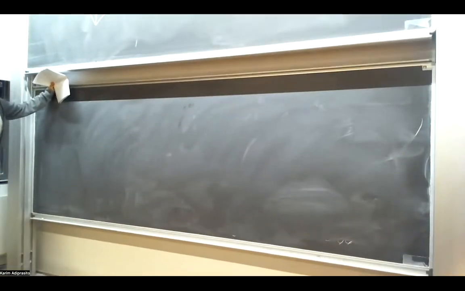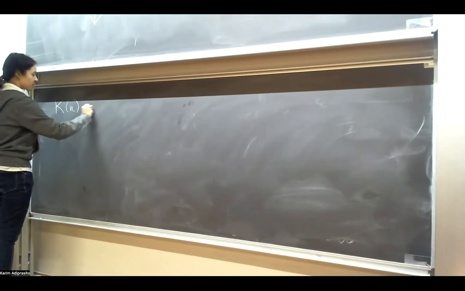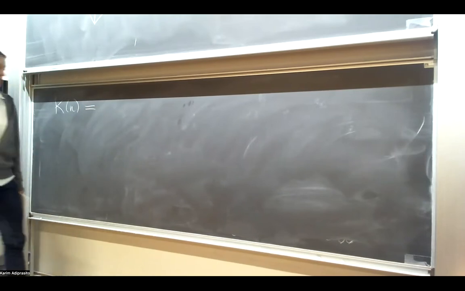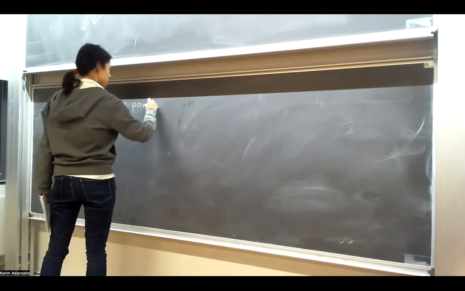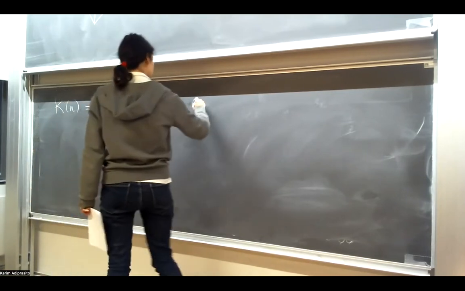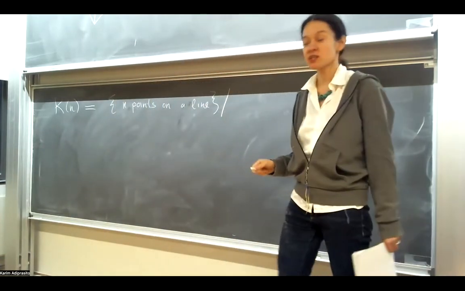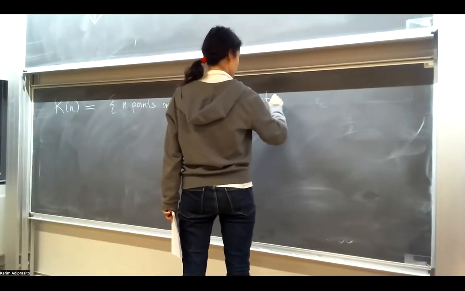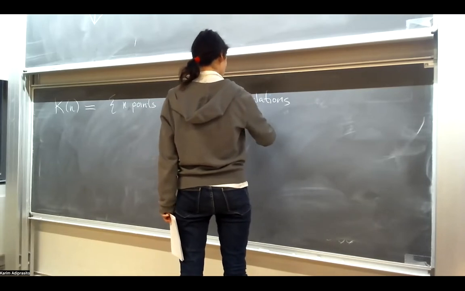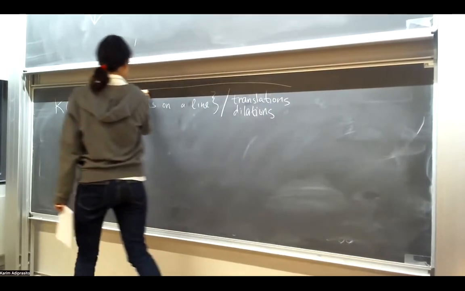What are they as topological spaces? As a topological space, the associahedron is the moduli space of n points on the line, modulo translations and dilations, and then compactified.